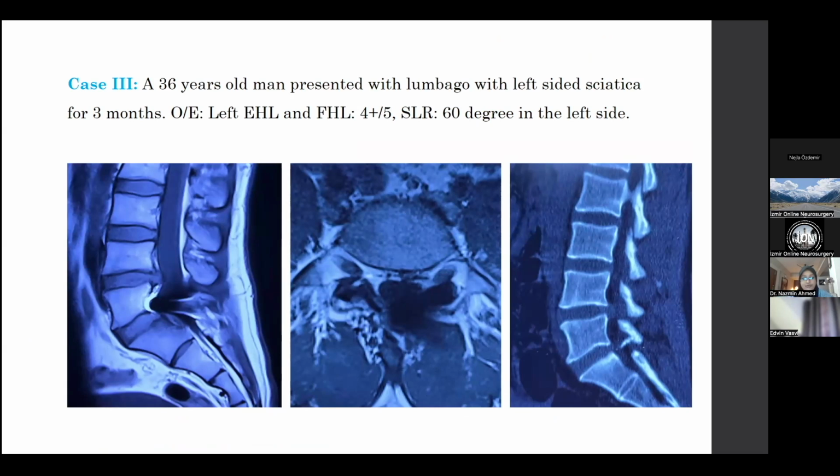In the imaging, there is a small herniated disc at the L4-5 level with classical scalloping of the posterior part of the L5 vertebral body. There is a well-defined hypointensity at this scalloping margin, with cleft-like hyperintensity surrounding the mass. In the axial image, we were quite confused about what the diagnosis could be.